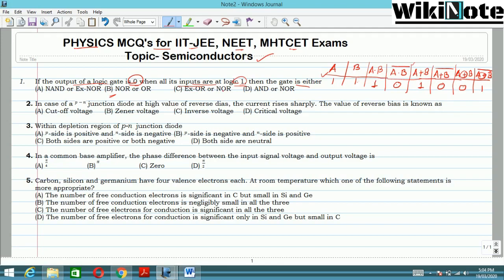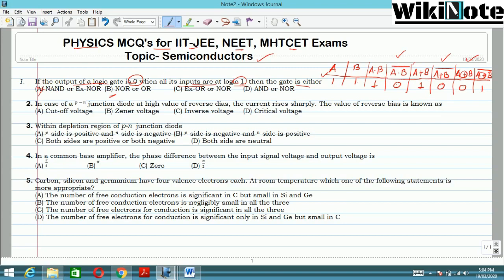Now our condition is that both inputs are at logic 1 and the output should be 0. Which gates satisfy this condition? NAND gives 0, but XNOR gives 1, so the first option is wrong.